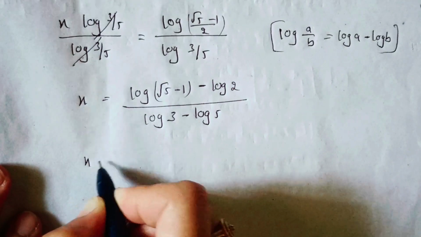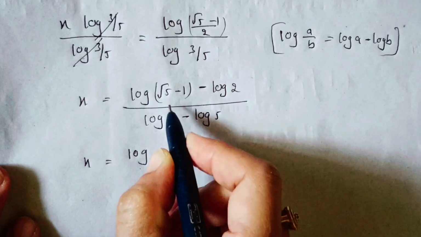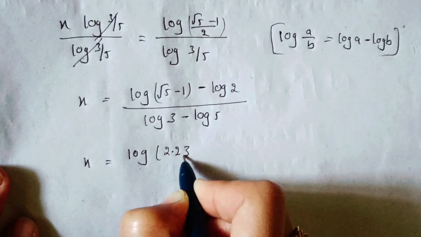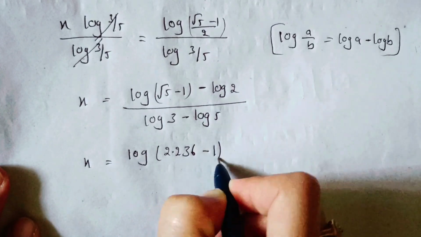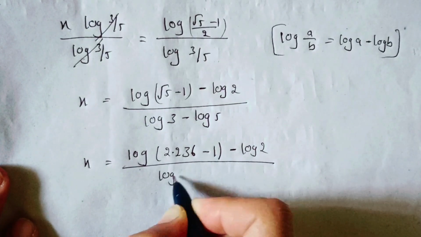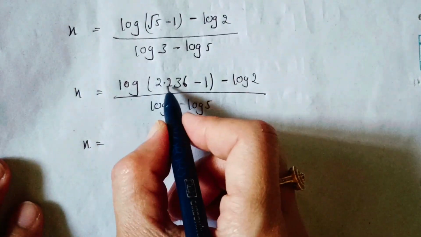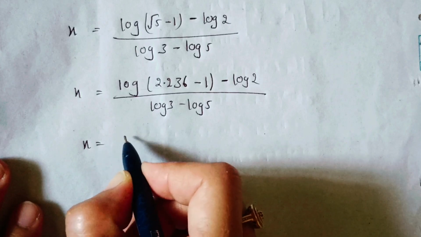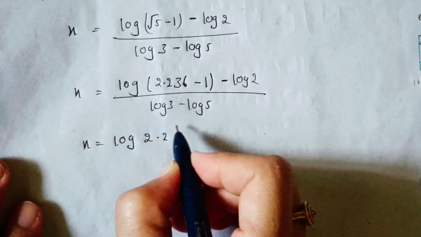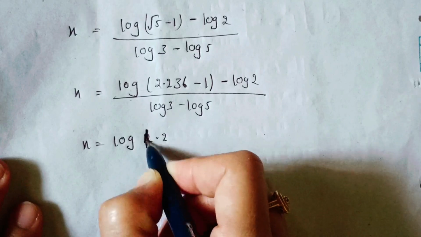Therefore x equals, we know that the root 5 value is 2.236, so log of (2.236 minus 1) minus log 2, divided by log 3 minus log 5. Here, if we subtract, 1 is what we minus now.